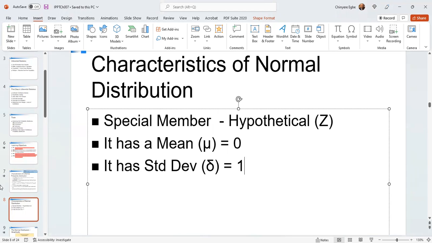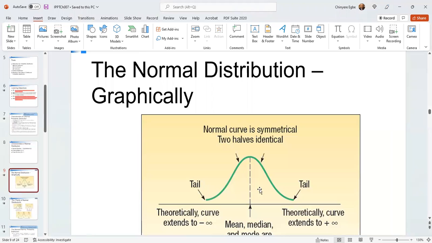Now, the distribution is symmetrically distributed. So the mean value 0 falls squarely in the middle here. And it has a standard deviation 1, such that one step to the right is equal to one step to the left.